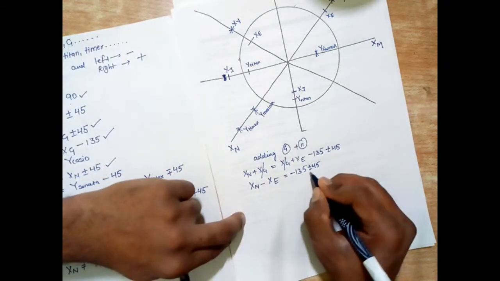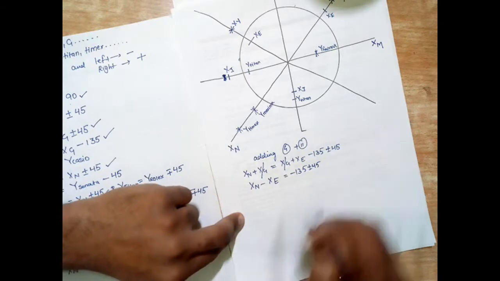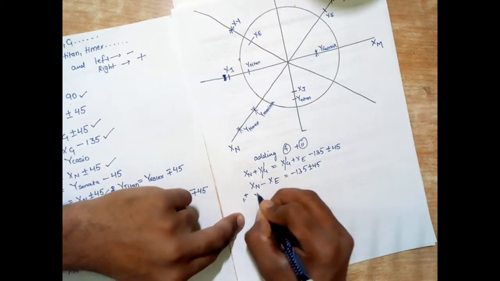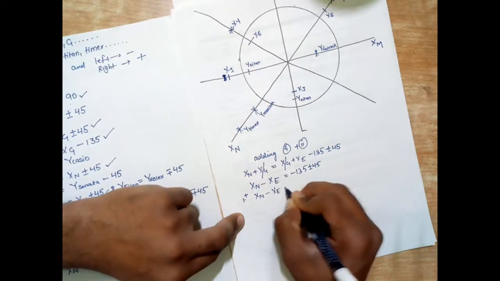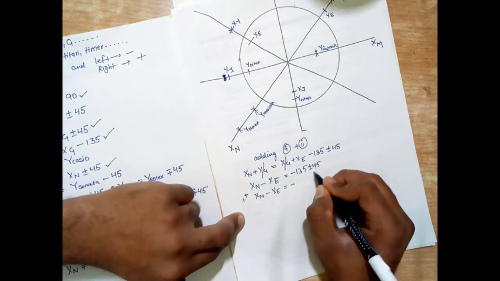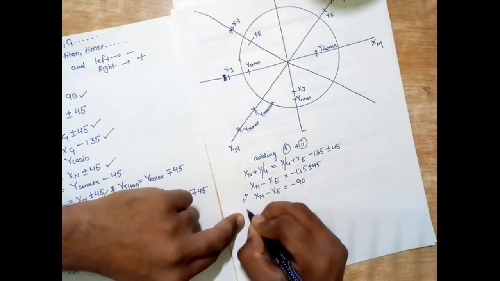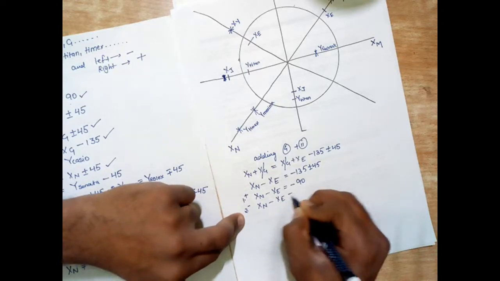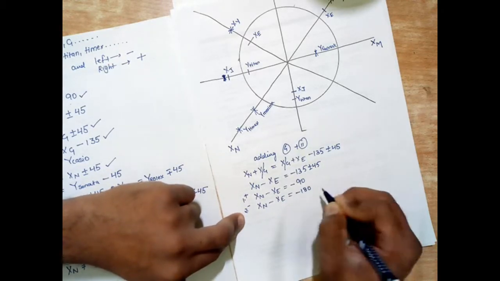So here we get two cases, either it could be plus or minus. So case 1, which is having plus, this means xn minus xc is minus 135 plus 45, which is minus 90. And second case where it is minus, it would be minus 180.